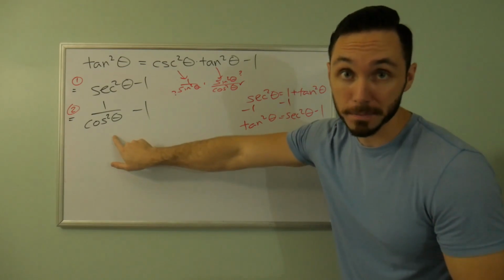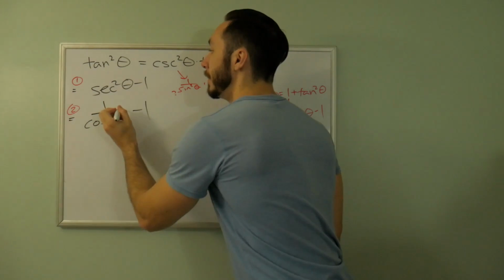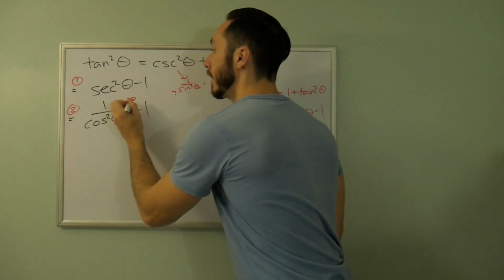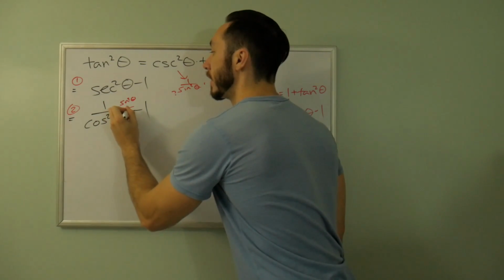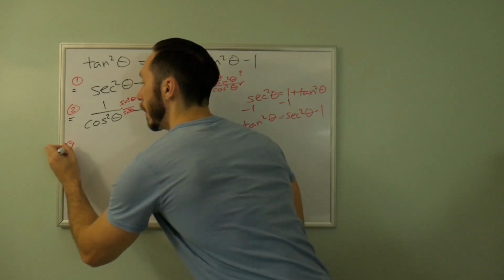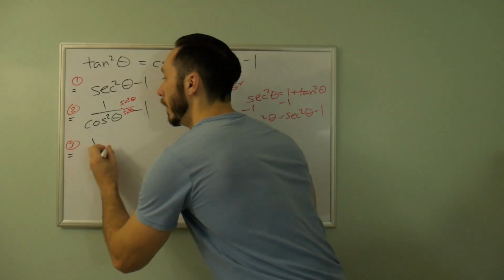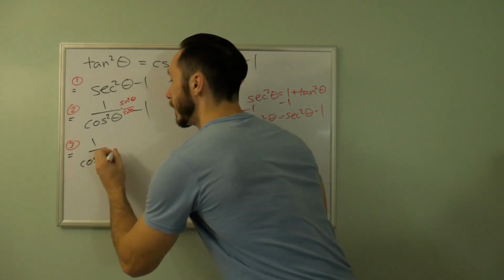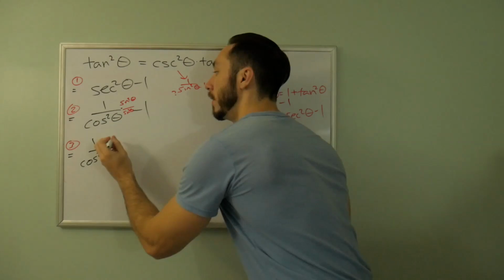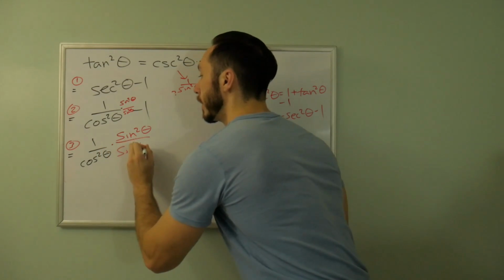I can multiply this by 1. So I'm actually going to multiply this, I'll do it in red, by sine squared theta over sine squared theta. So check this out. My third step: it's going to be 1 minus cosine squared theta, and I'm now multiplying this by sine squared theta over sine squared theta.